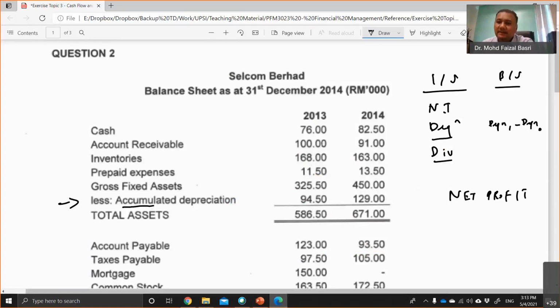Once the company earns their net profit, they will split it into 2. They pay dividend to the shareholders, and the rest of the money will be parked under retained earning. Our concern is this amount, which is the information required for our cash flows dividend.